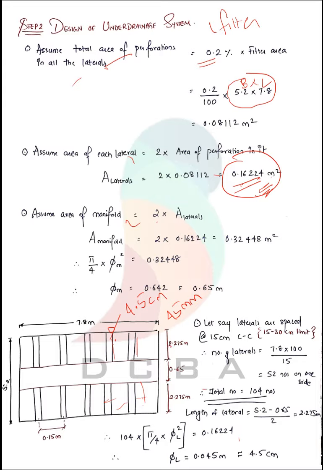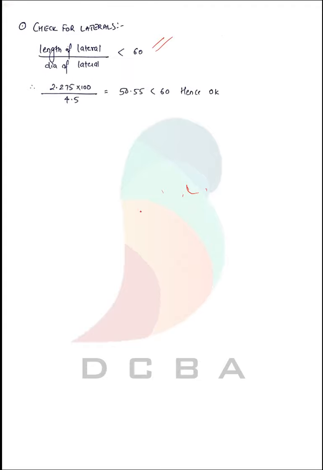We need to use only the one side length, not the both sides length. So 2.275 meters is the length of the lateral, multiplied by 100 to convert it into centimeters, divided by the diameter of lateral, 4.5. This ratio comes out to be 50.55, which is less than 60, hence it is okay.